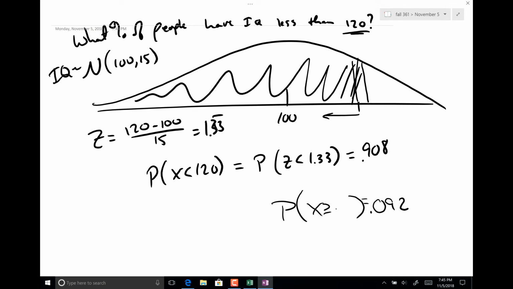Greater than or equal to, whatever, because the probability that you're exactly 120 is 0. So regardless, you're going to have to do some subtraction once in a while and see what happens.